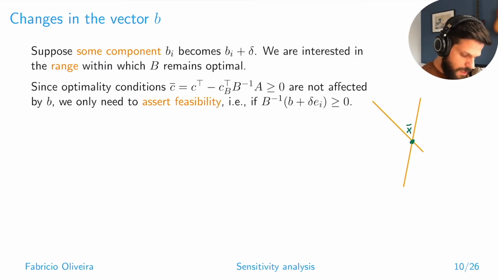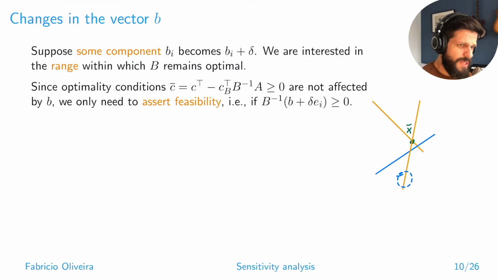Suppose we have a third constraint like so. I decided that the basis formed by the intersection of these two orange lines is optimal. When I start moving it this way or that way a little, I'm not changing the optimal. It's still the optimal basis, so it's still the intersection of these two lines that is the optimal point.